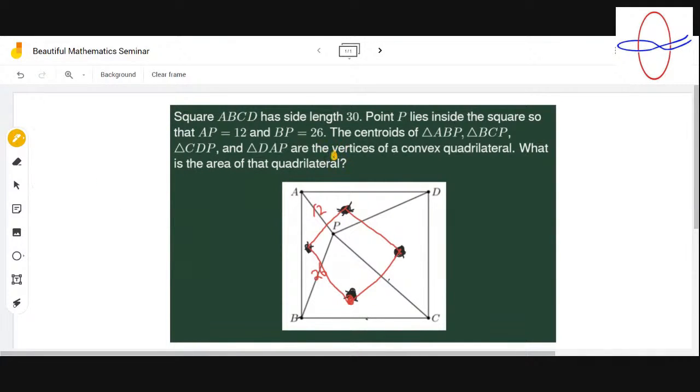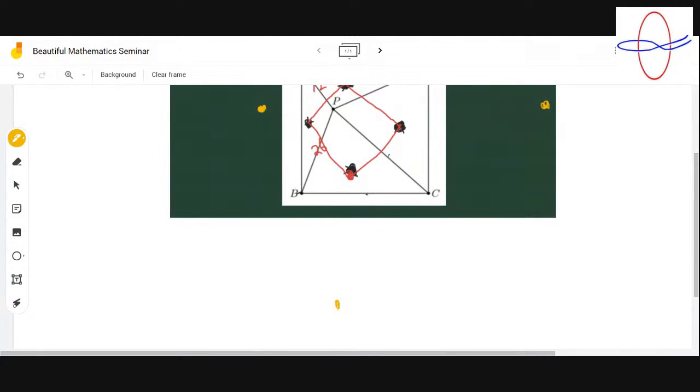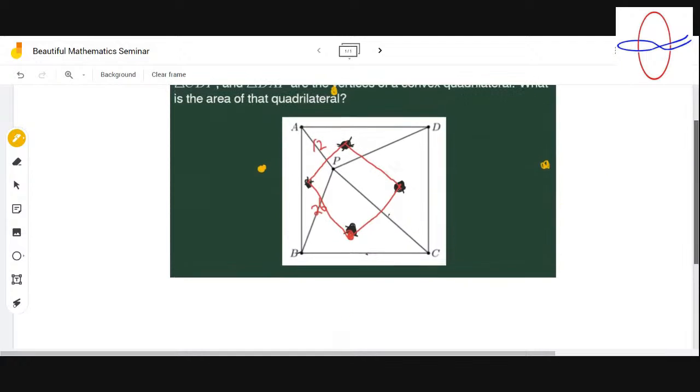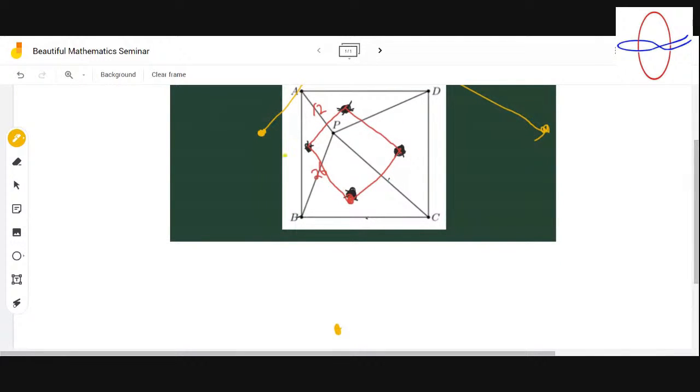Let's say P is here, P is here again, P is here again. Oops, here we have to do something like this. If we join this, what do we get, Saurav? If we join this, what do we get?